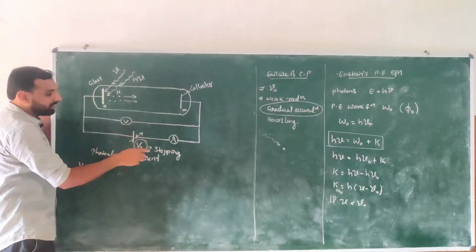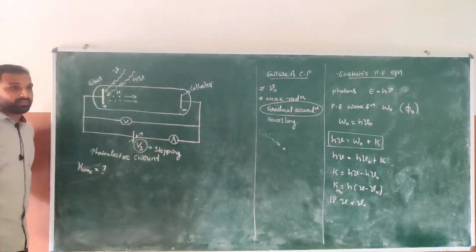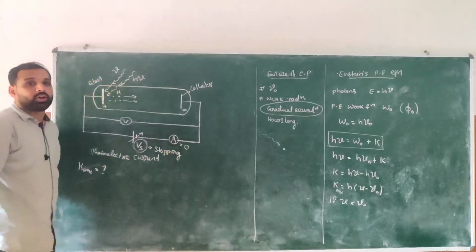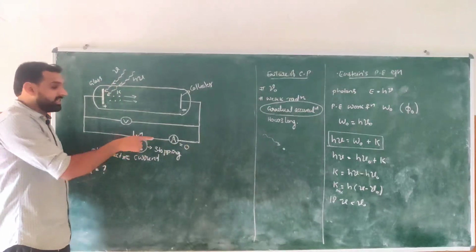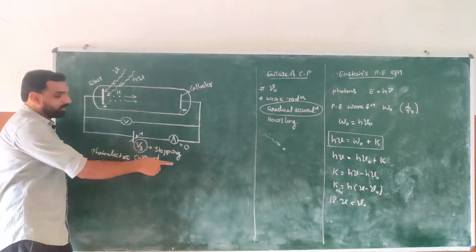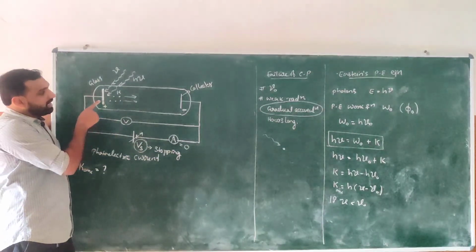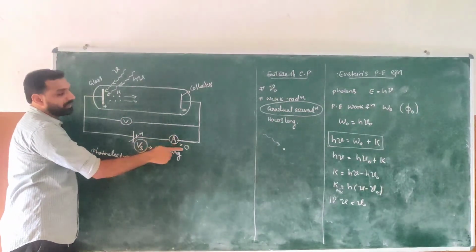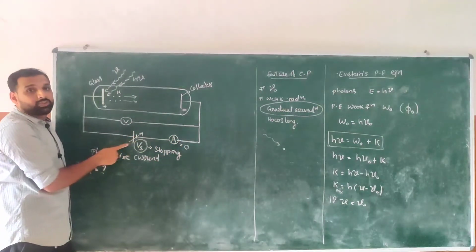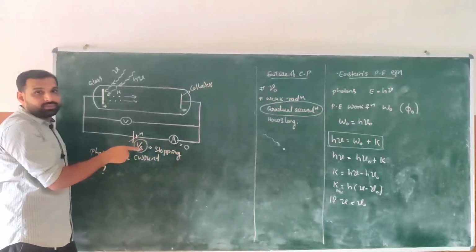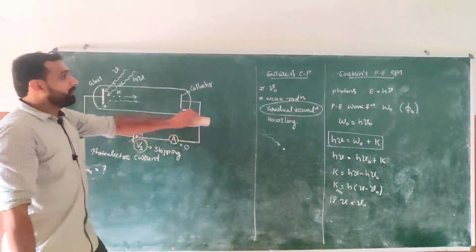At that point the ammeter reading will be 0, meaning the photoelectric current will be 0. So the potential at which the photoelectric current becomes 0 is called the stopping potential.